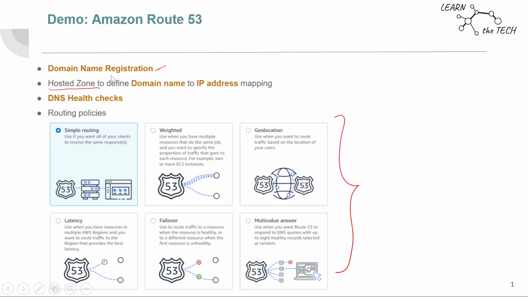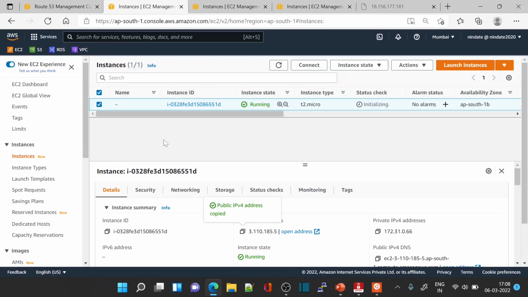Now, once you have registered a domain, you would want to host your business application and website. For that, what you need is host name to IP address mapping. Say for example, I have launched my application in one of the EC2 instances.